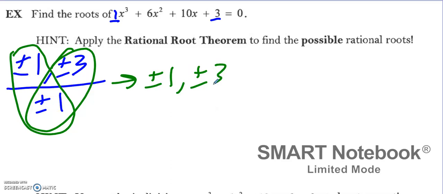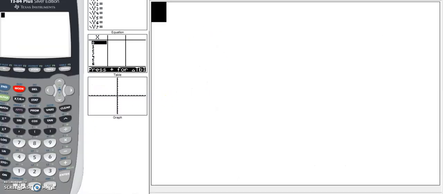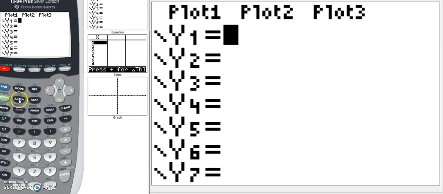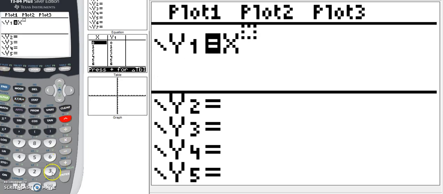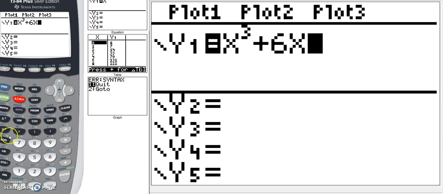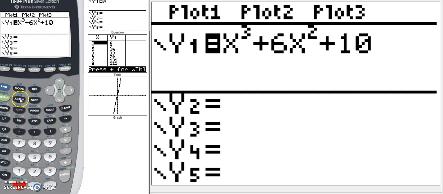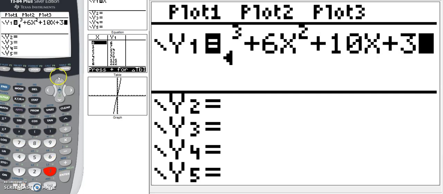Now I want to use those to actually help me find roots. We're going to go to the calculator for this. Okay, so here I am with my calculator. I'm going to go ahead and put the function into y equals. So let's put in x to the third plus 6x squared plus 10x plus 3.